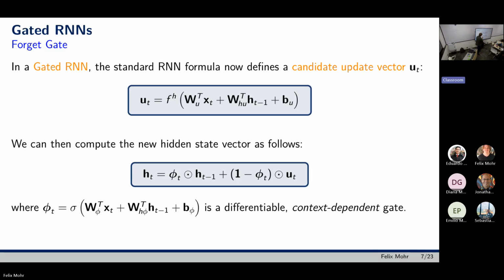But now I have much more flexibility, because based on my current state, I can control how much I want to forget or how much I want to remember. And also I can use the current token to decide how much I want to forget or where I want to forget something, and where I want to retain something.